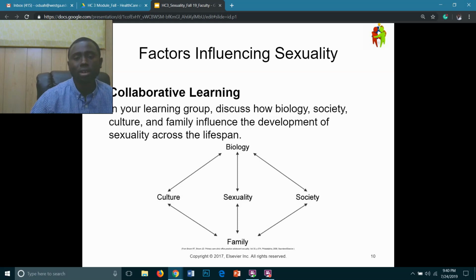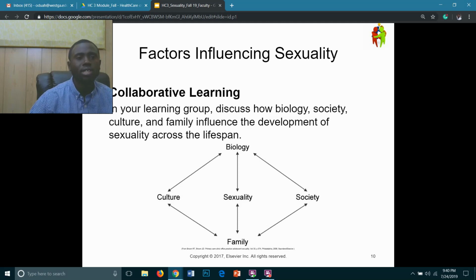For example, the loss of a spouse can also change the sexual preferences of people depending on the cause of that loss, such as if the partner is deceased or if there is a divorce.